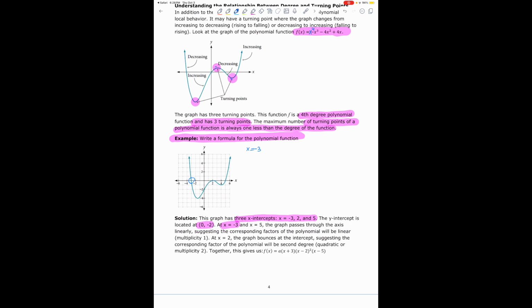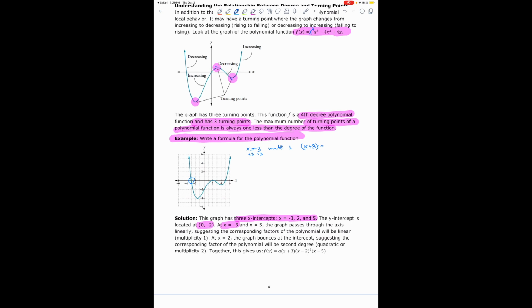So I'm going to say this has a multiplicity of 1, which means if I turn this into a factor, meaning I want the right-hand side to be 0, I'm going to add 3 to both sides. I will end up with x plus 3 equals 0, and that is my first factor, basically.